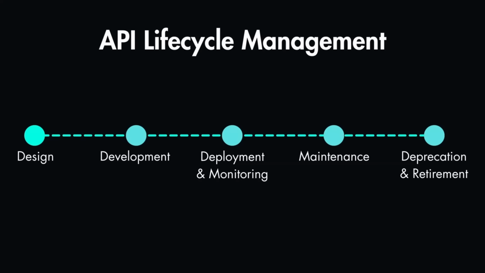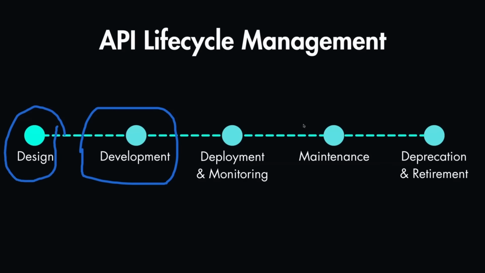And lastly, APIs also go through deprecation and retirement phase. So some APIs eventually get deprecated because there might come up a new version of the API that you should use, or let's say you are transitioning from V1 to V2 API. So that's also the deprecation phase of the V1 API. So developing APIs is not only in the development phase, as you might assume. It's not just coding. So the big part of it is designing it and also keeping it maintainable, and also eventually you might need to retire it at the end.